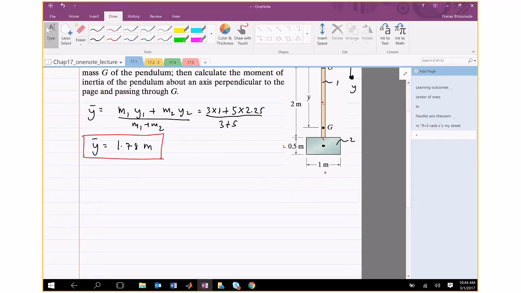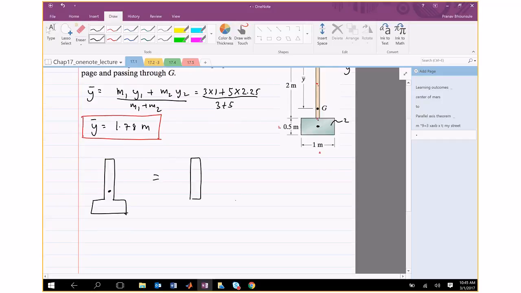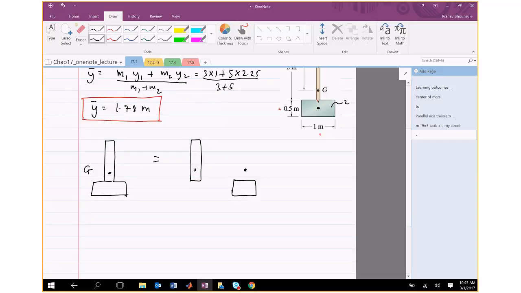So what we can do is draw the composite pendulum and then split it into two parts, just the slender rod and just the thin plate. So this is 1, this is 2.